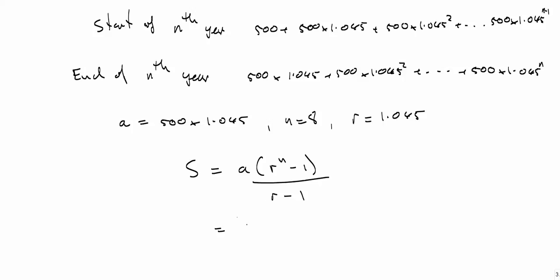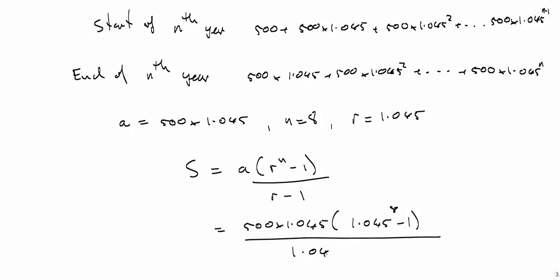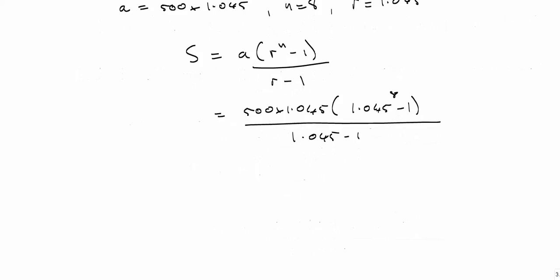Substituting the values, 500 times 1.045 times 1.045 to the 8 minus 1, over 1.045 minus 1. And if we calculate that, we get £4,901 and 6p to the nearest penny.